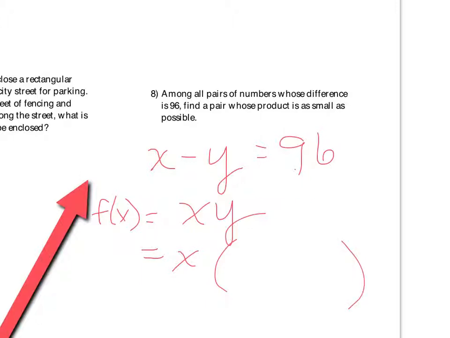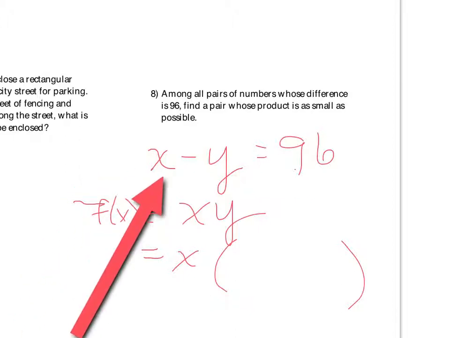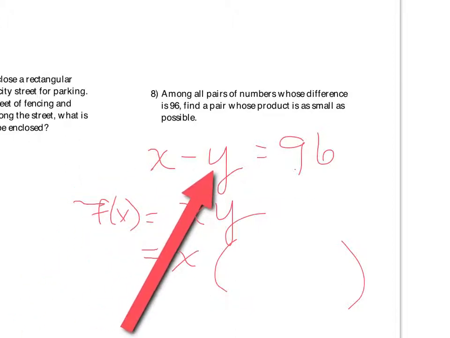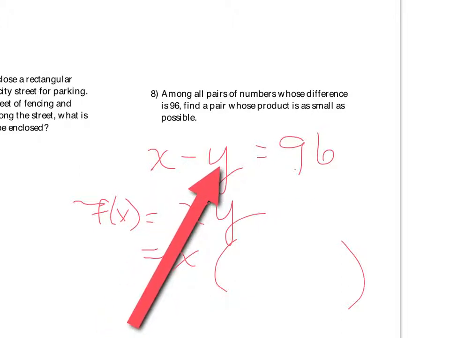I don't want y. So I want to replace y with its definition. Its definition is going to come from getting that y by itself. So that's what you're doing right now, hopefully. Get y by itself. We don't want negative y by itself. We want y by itself.